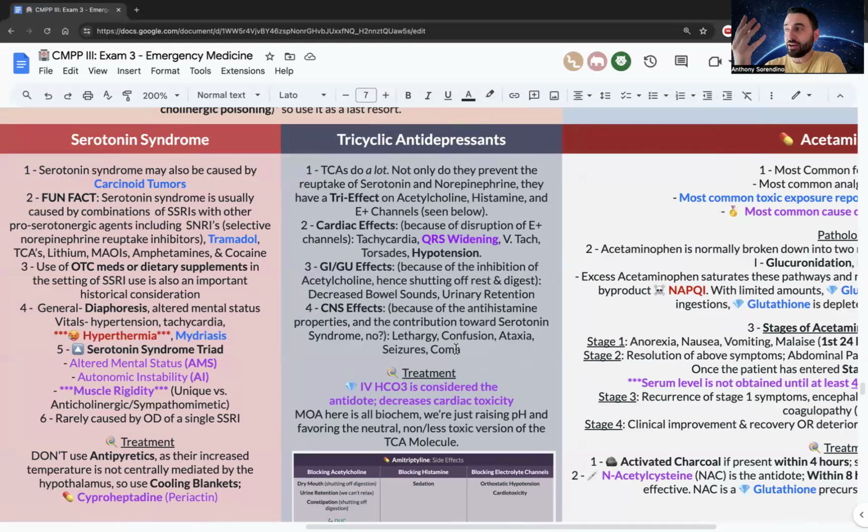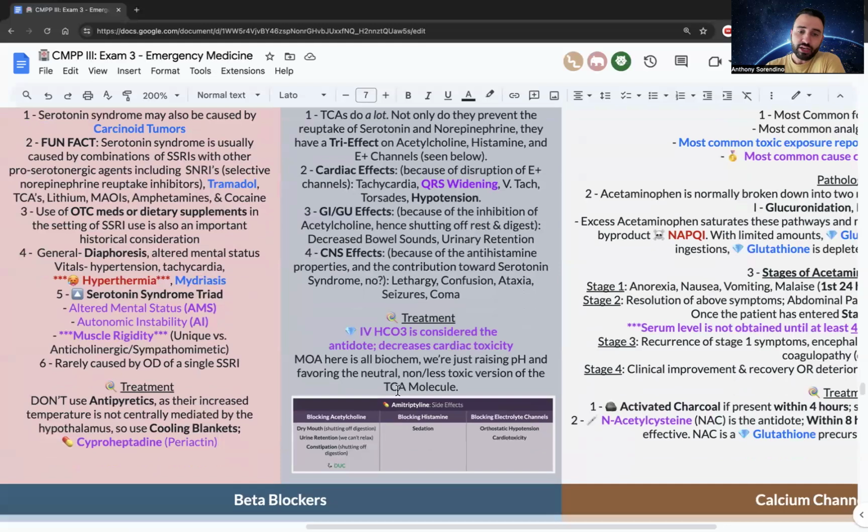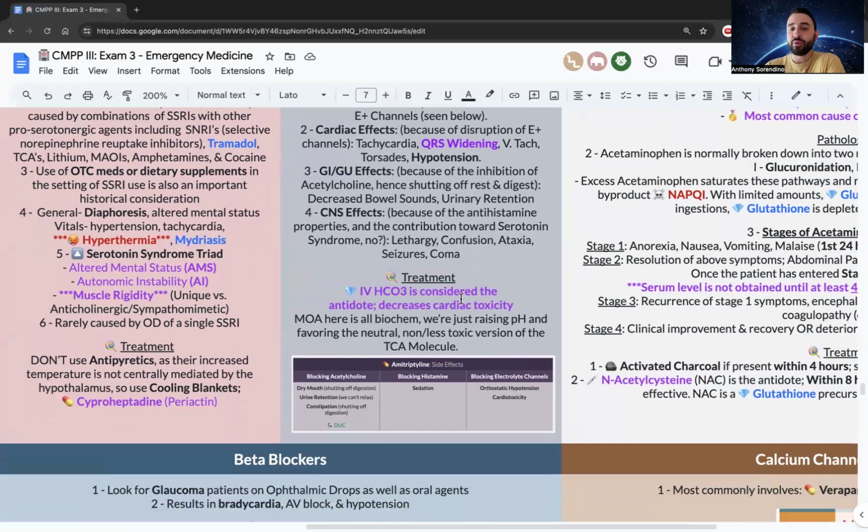The pathology there is kind of cool. It raises the pH, so it favors the neutral form of the TCAs, which is not toxic. Kind of cool. So I guess TCAs are pretty acidic. But I think the big thing here, tricyclic antidepressants basically have three buckets of what they do. One is they block acetylcholine.